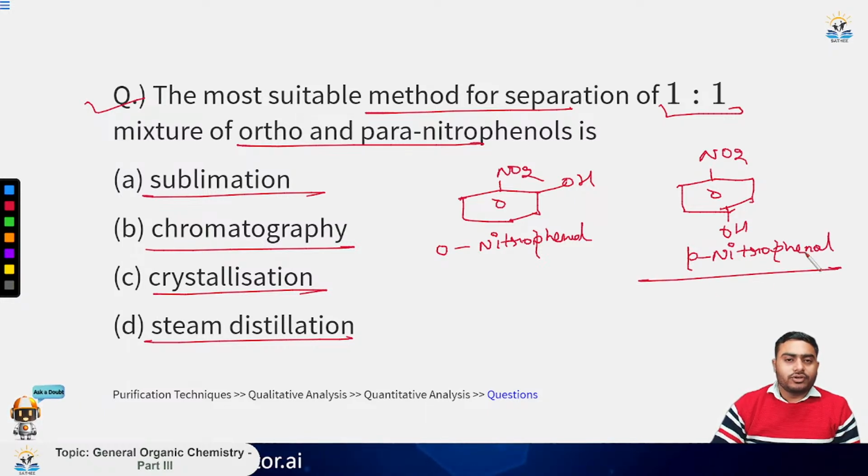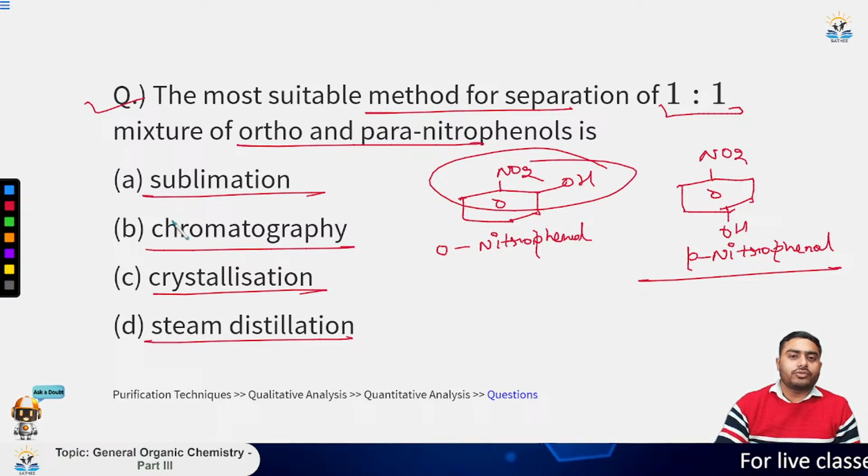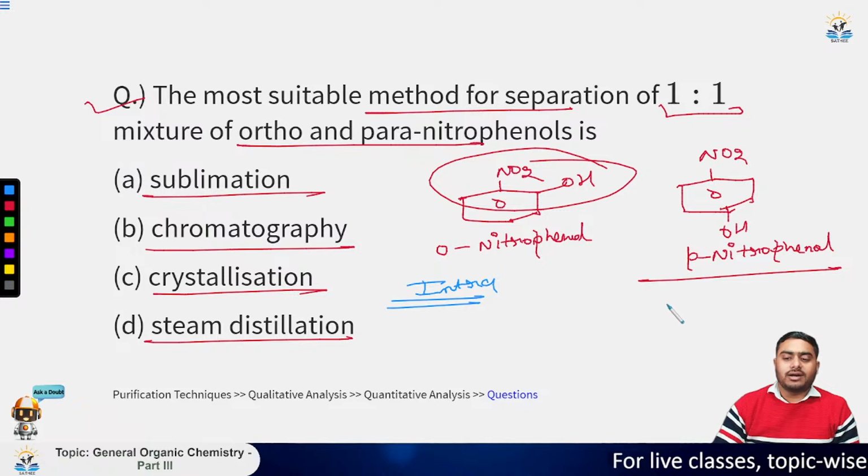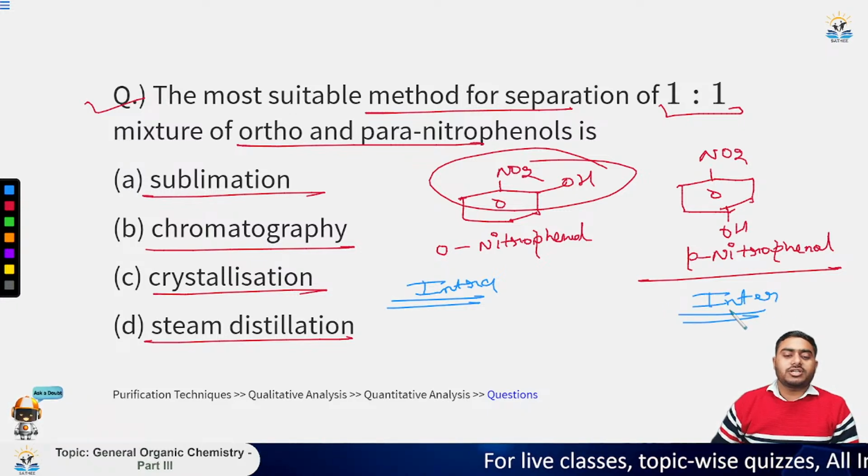So we have orthonitrophenol and paranitrophenol. In this case, in orthonitrophenol, intramolecular hydrogen bonding takes place. But in case of paranitrophenol, intermolecular hydrogen bonding takes place.